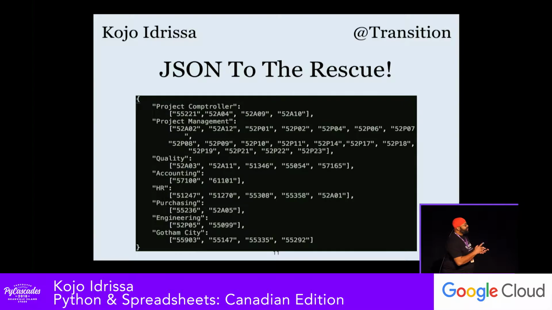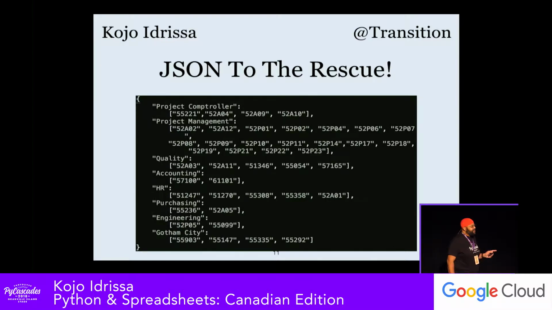So one of the early things I did, and actually, in the development process as I was figuring this out, this probably came a little bit later, was I realized I needed some sort of mapping like this. Because I needed to know, okay, for this quality functional area, what cost centers are associated? For accounting, what cost centers? For HR, what cost centers are associated with it? This has a couple of advantages.